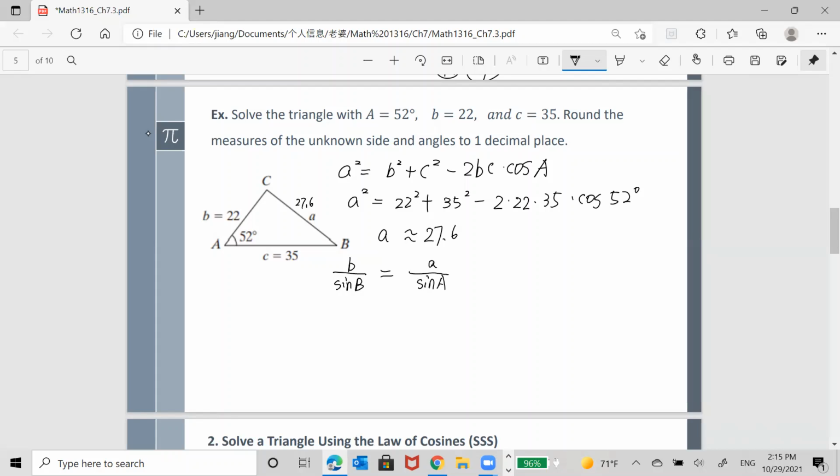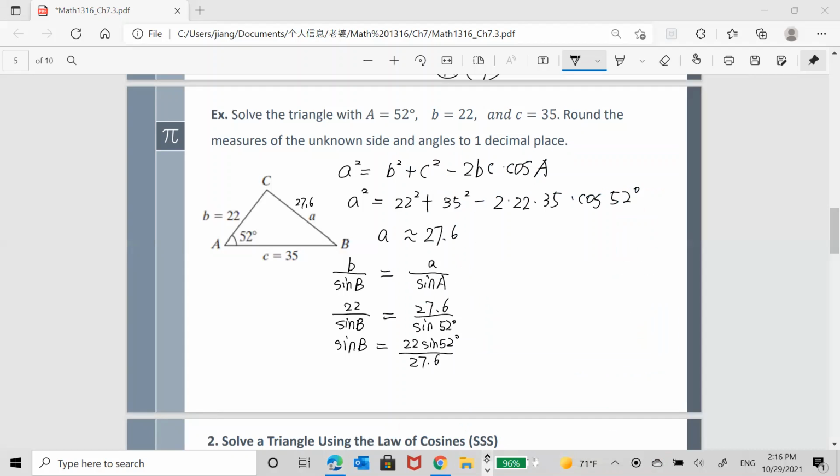So b is 22: 22 over sine B equals A, which is 27.6, over sine A, which is sine 52 degrees. And using our calculator, we can find sine B. Sine B equals 22 times sine 52 degrees over 27.6.